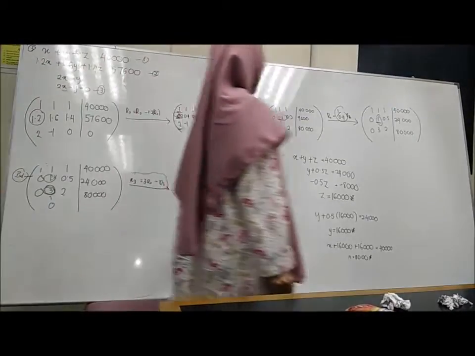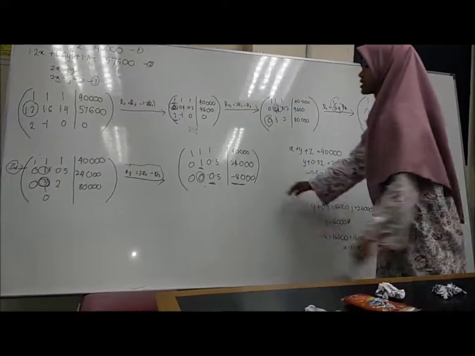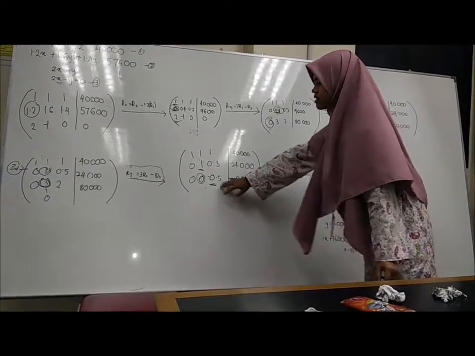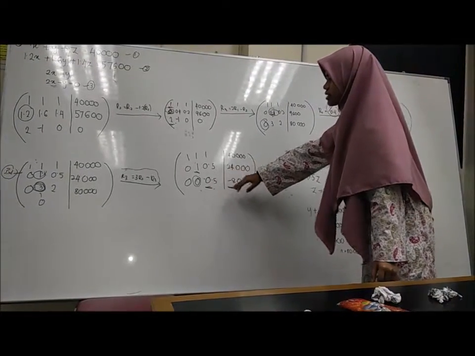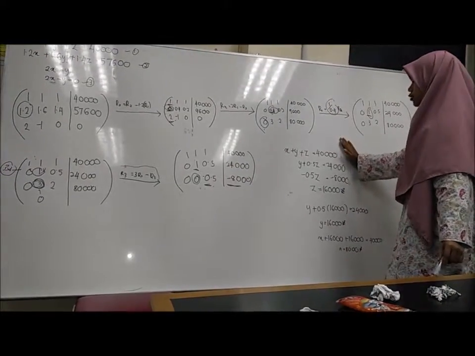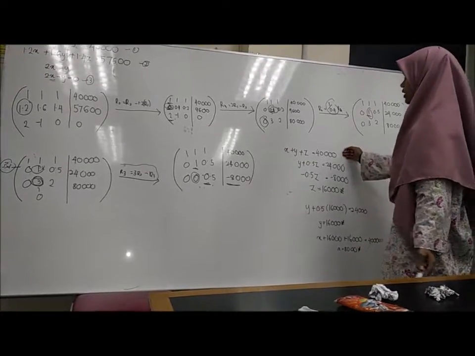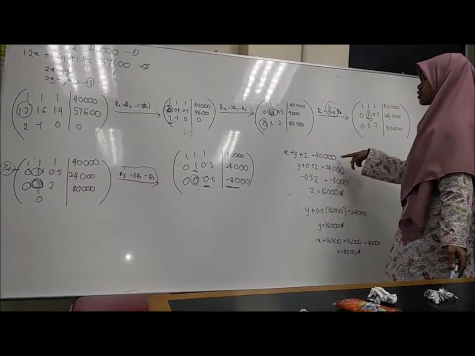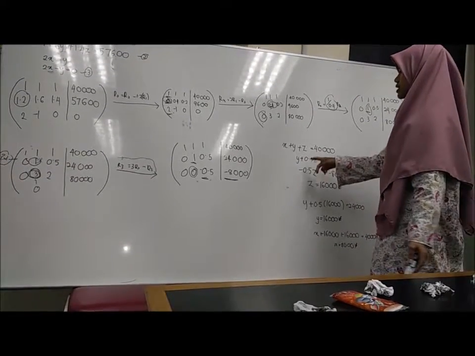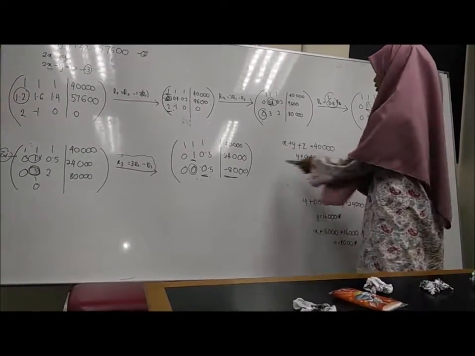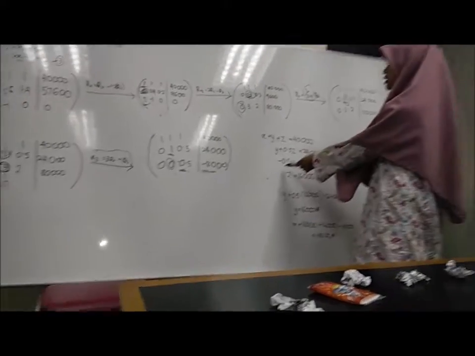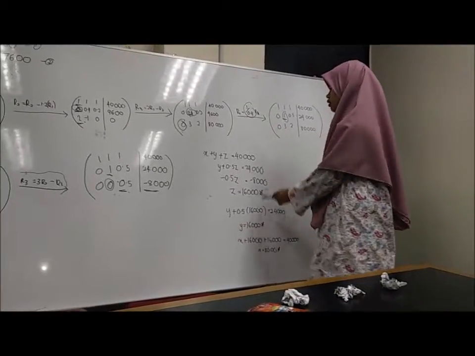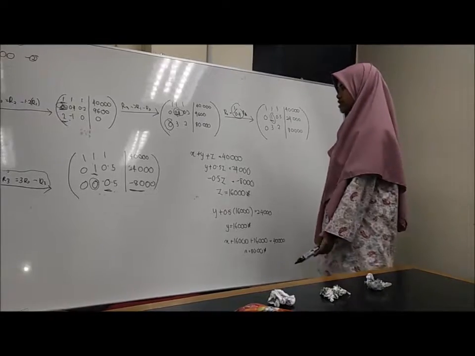And the final answer, since we get 0.5 for z, we can conclude in the usual form: x plus y plus z equal to 40,000, y plus 0.55z equal to 24,000, and negative 0.5z equal to negative 8,000. Since we need to know z, we divide, and z is 16,000.